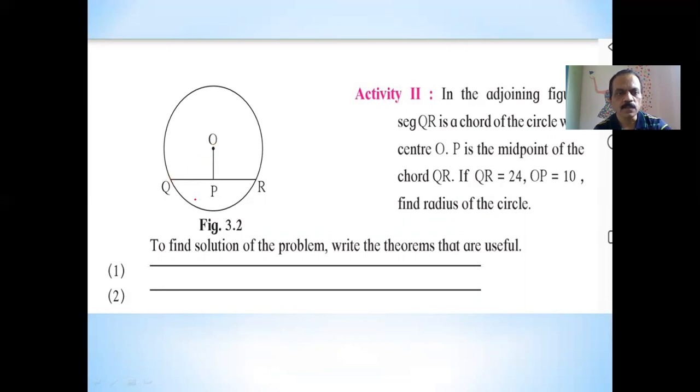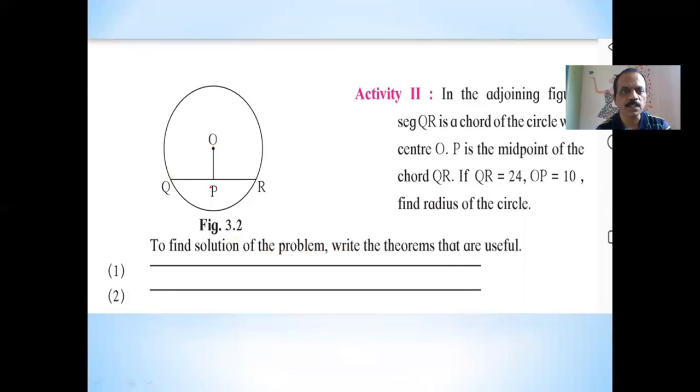To find the solution of the problem, write the theorems that are useful. Which theorems are useful here? We know the property that the segment from the center of a circle to the chord is perpendicular to the chord, and the chord is bisected by this perpendicular.